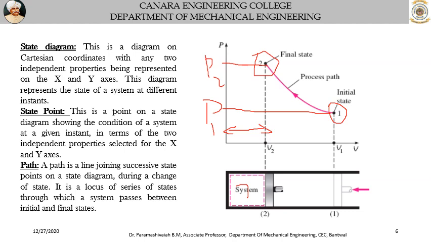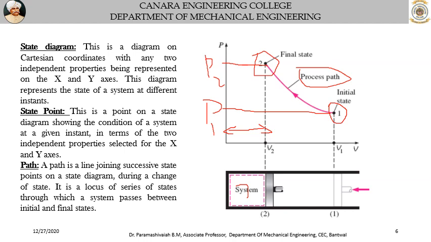So it means this is the process path. So 1 to 2 represents the path of the process. The path may be any path. Now in this process, 1 to 2 is the path.